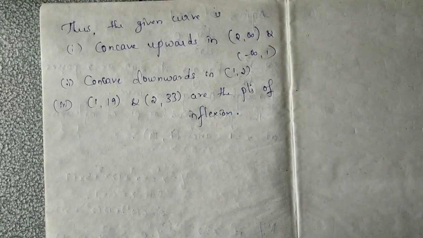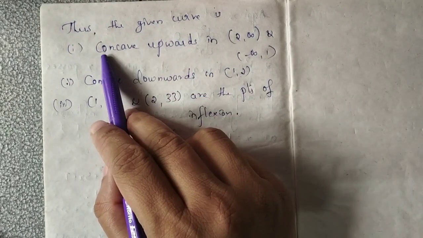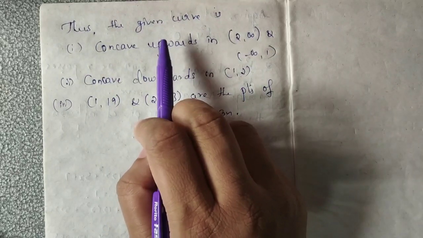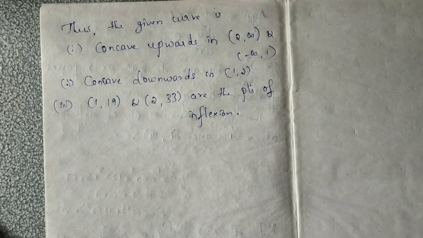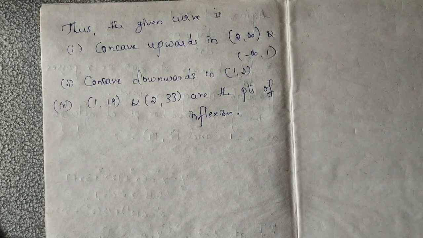Okay, this is the problem. Please note it down. Whenever it is concave upwards, it will be convex downwards. Don't confuse at all. If d square y by dx square is greater than 0, then the given curve is concave upwards. If d square y by dx square is less than 0, then it will be concave downwards. At the point where d square y by dx square is 0, we get the points of inflection.